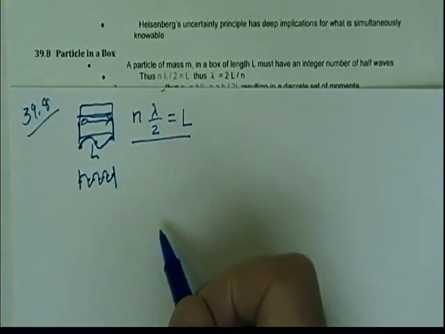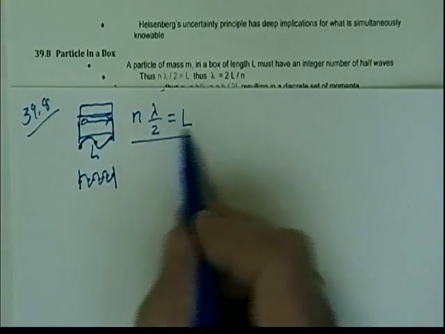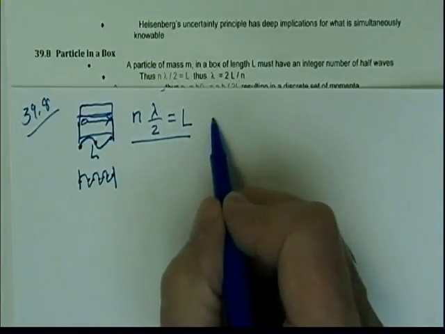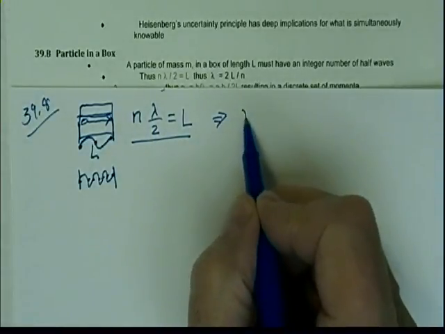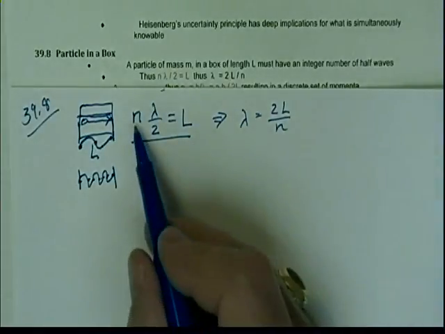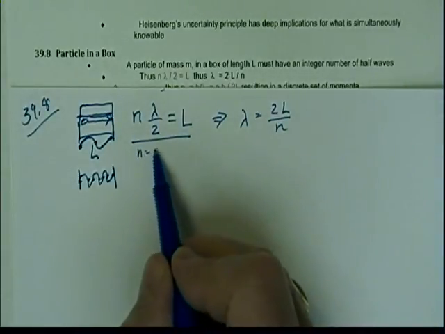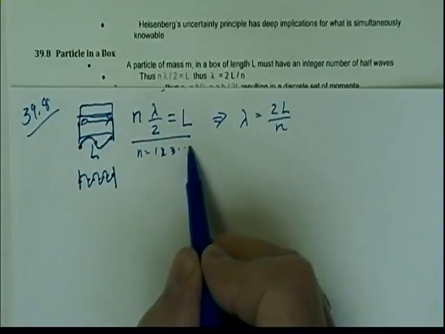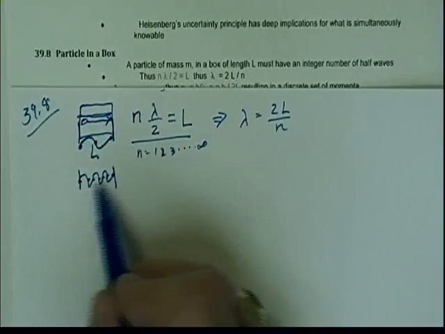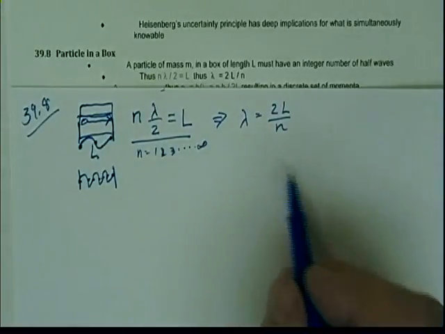That's what this equation says. Now that I've written this down, I can solve for the wavelength. So this implies that the wavelength must be twice the length divided by an integer. An integer, n, can equal 1, 2, 3, all the way up to infinity. We have a tremendous number of these oscillations.